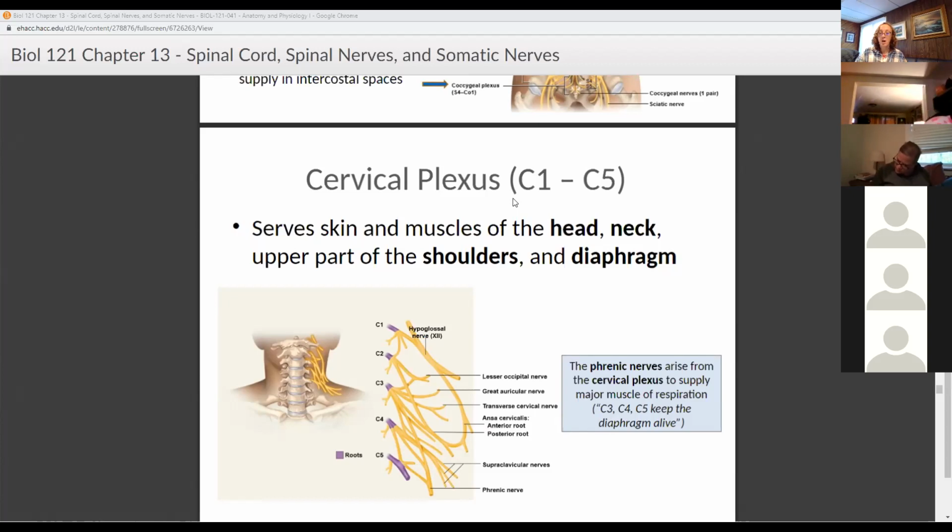One of the major nerves that comes off this cervical plexus is the phrenic nerve. Why do we care so much about the phrenic nerve? Well, it innervates the diaphragm, the major muscle involved in breathing.